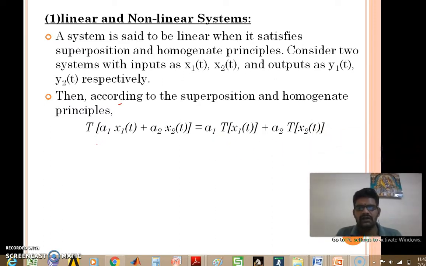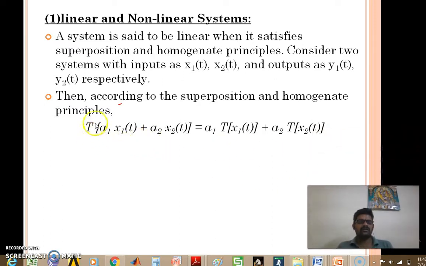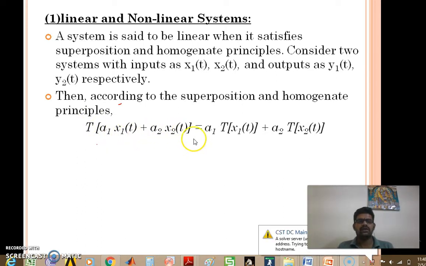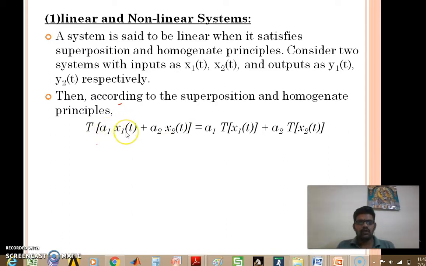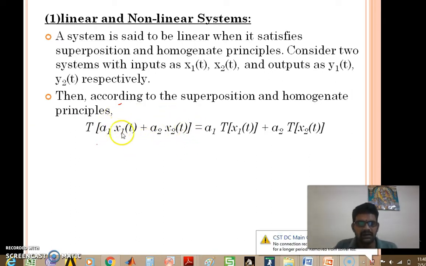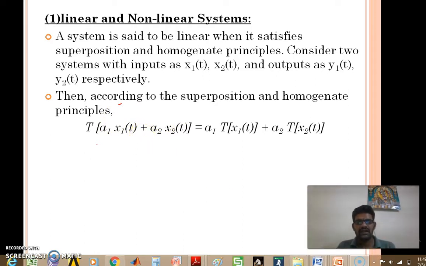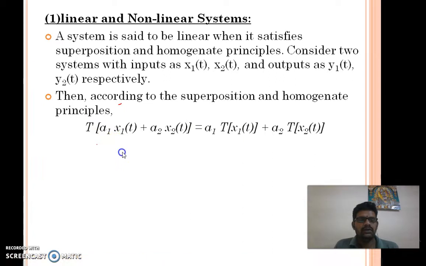So this is the necessary condition for linear systems. For example, take the transformation of a1 x1 of t plus a2 x2 of t. Here we are taking the scaling, homogeneity, and summing the weighted inputs, so it has both homogeneity and superposition, and the output should be a weighted sum of outputs.